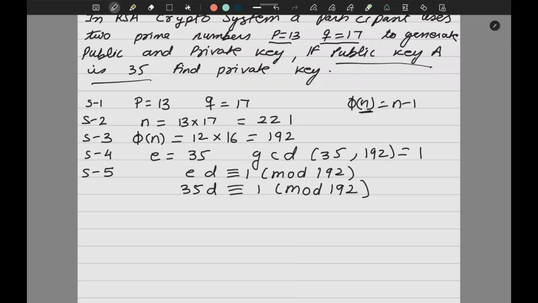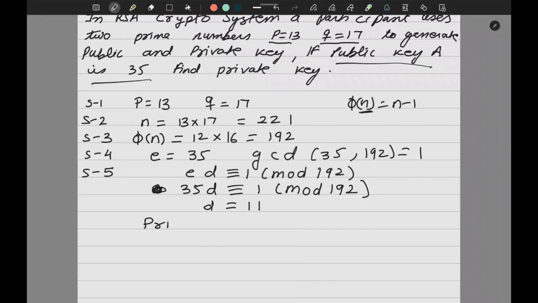Correct? Now we have to solve this. I have already taught you how to solve this linear congruence system, and this particular question I have uploaded on the channel as a short, so you can go through that and see the solution if you are not getting the answer. So here my answer will be, D value will be equal to 11.